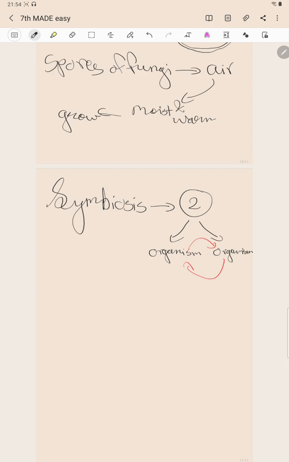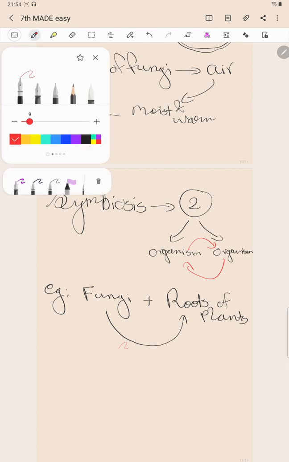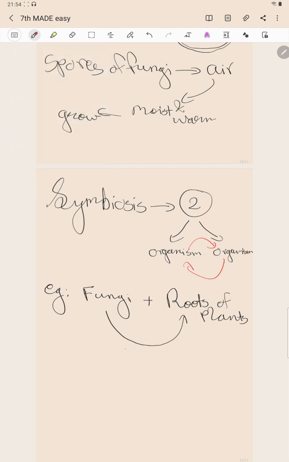An example is, and these examples are important, guys, fungi plus the roots of plants. The fungi help form special structures in the roots of the plant which help in the absorption of water and minerals.